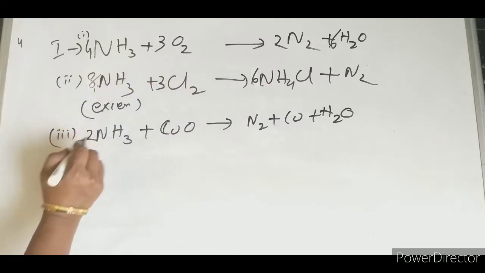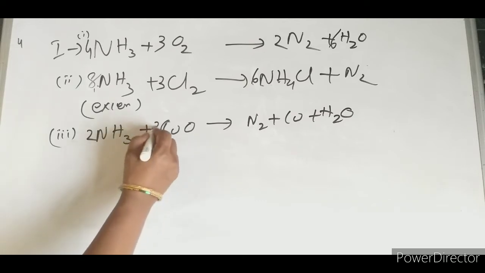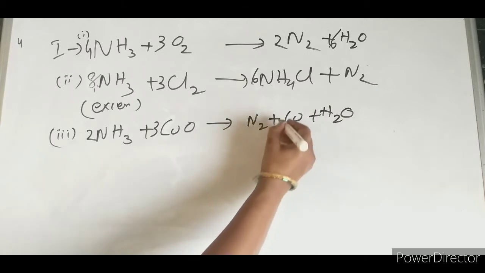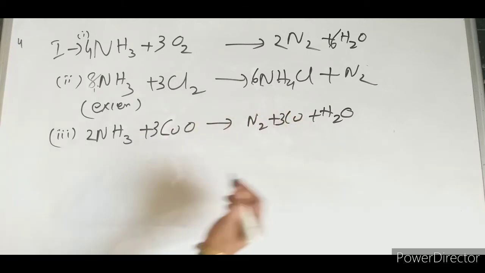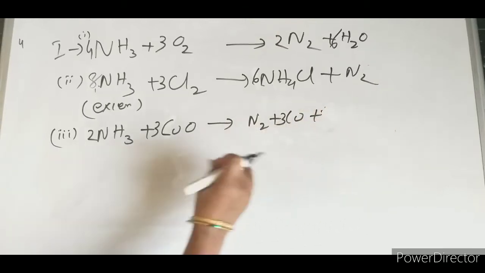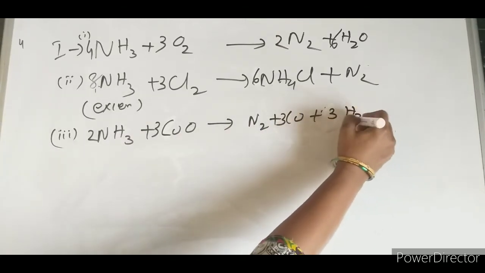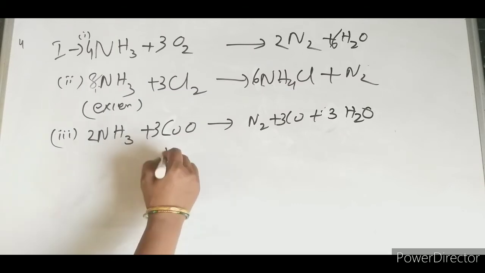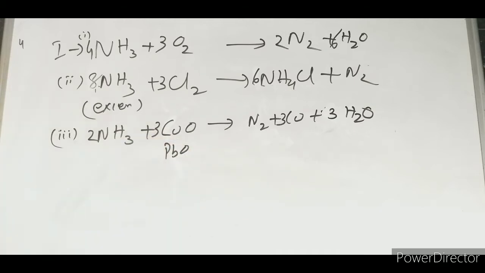Here it will be 2 ammonia, 3 copper oxide, 3 copper, and 3 water. Another one, the reaction can also be with PbO. So it is not that only one equation you can write, whatever equations are possible you can write. All these things you know, just apply the idea and write down. And see which one will be easy for you, that one only you mention.